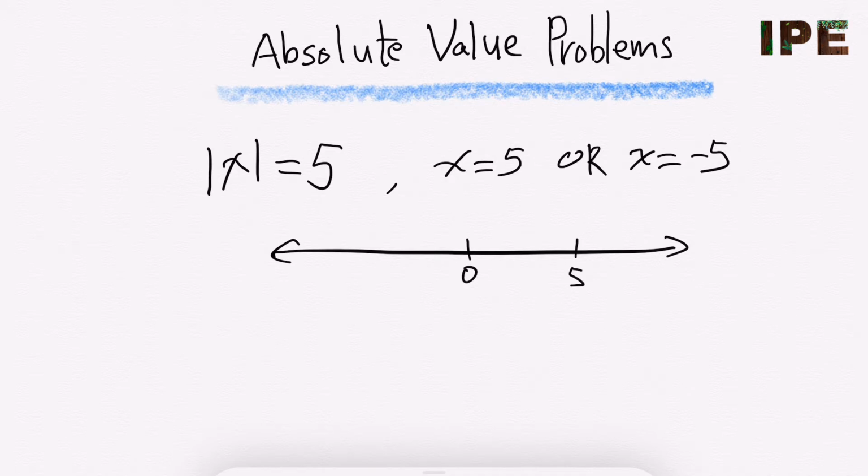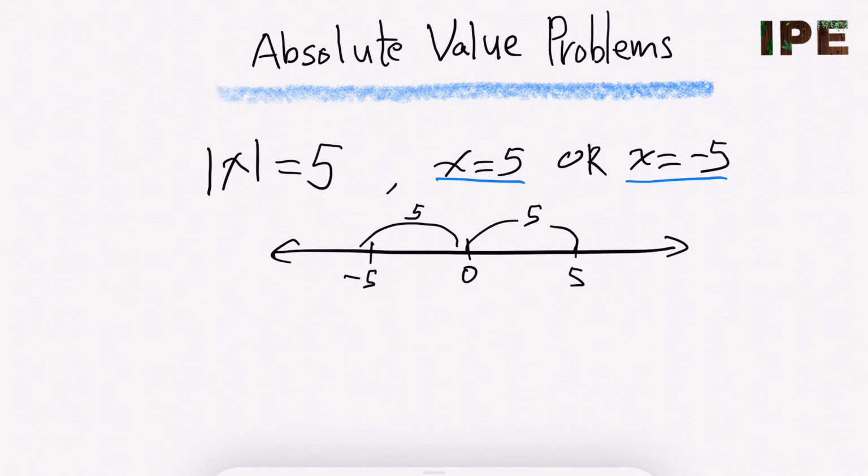The distance from 0 to 5 is 5. The distance between 0 and negative 5 is also 5. So if the absolute value of x is 5, x can be 5 or negative 5, because the definition of absolute value is the distance from the origin, from 0.